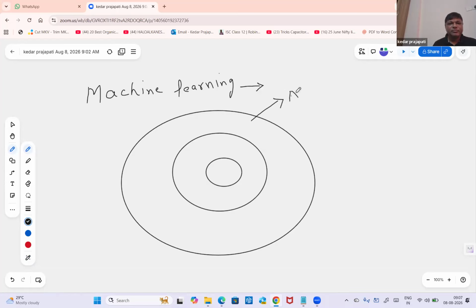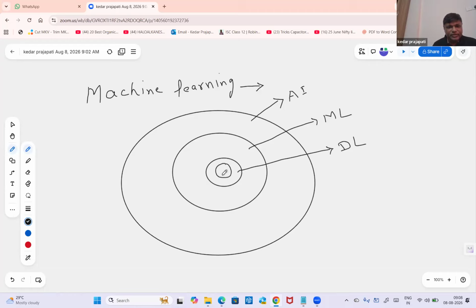AI. The entire circle is AI. Okay. Then the portion of this is machine learning. Then this third one is deep learning, DL. And after that also we have certain things which are very small.